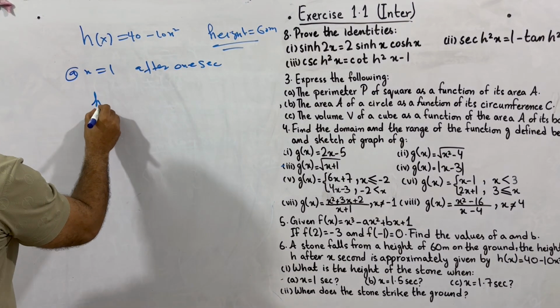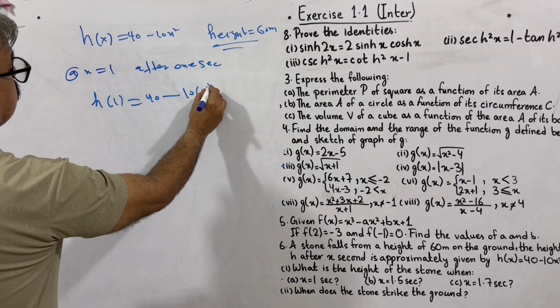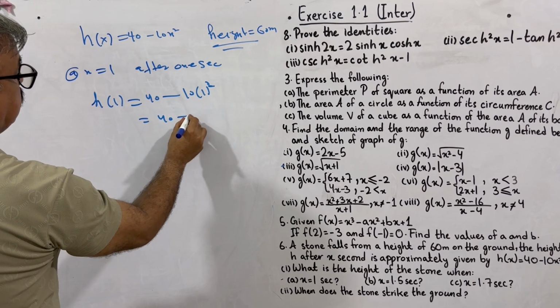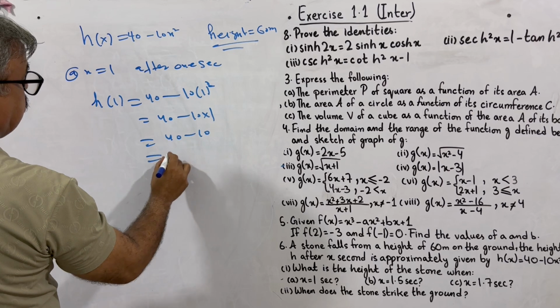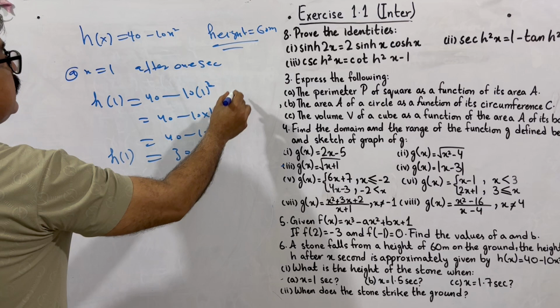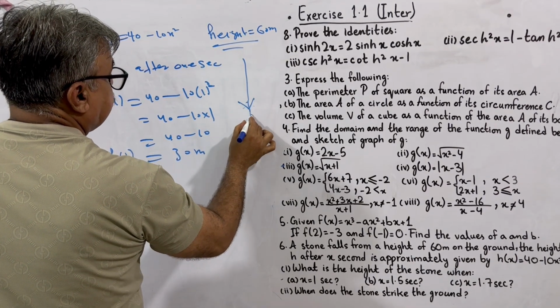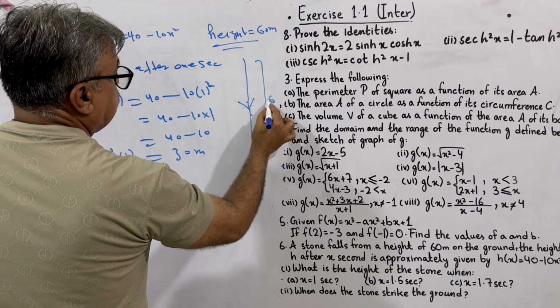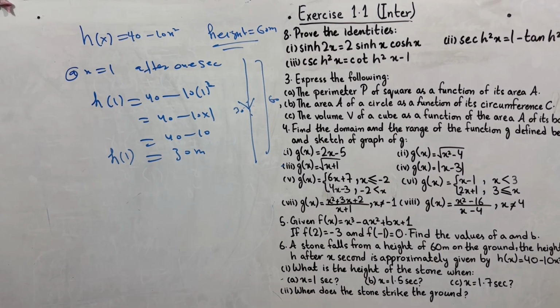Put here h of 1, 40 minus 10 times 1 square. 40 minus 10, 1 square means 1. 40 minus 10, 30 meters. After 1 second, it is at the half height. 30 meters. So overall 60. It is at 30 meters after 1 second. Similarly, one can put 1.5 and 1.7 to find these values, B and C.